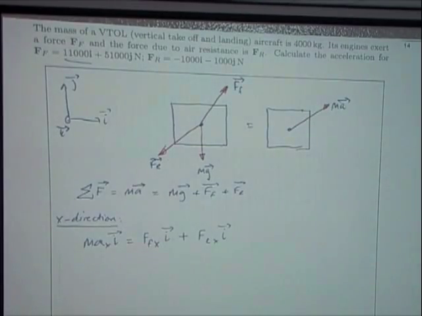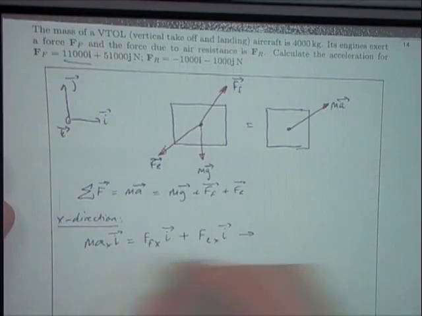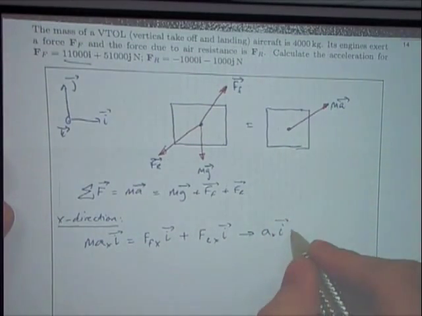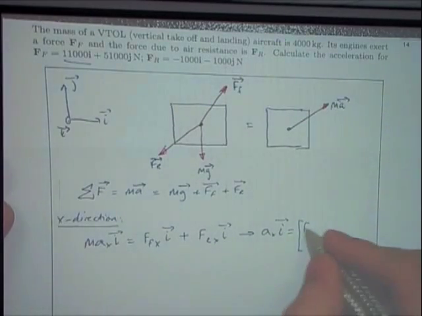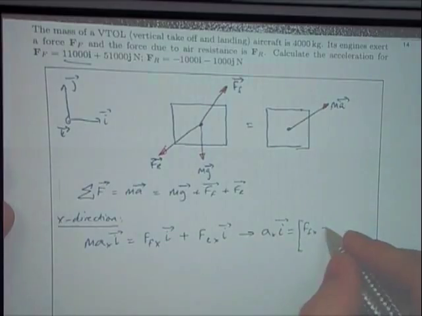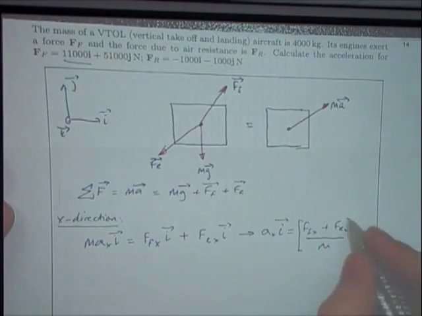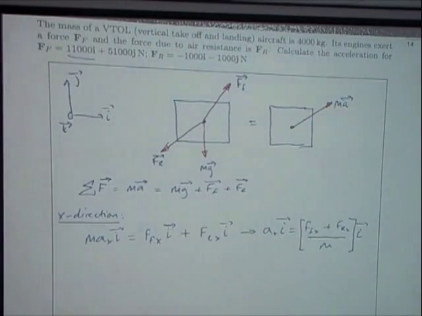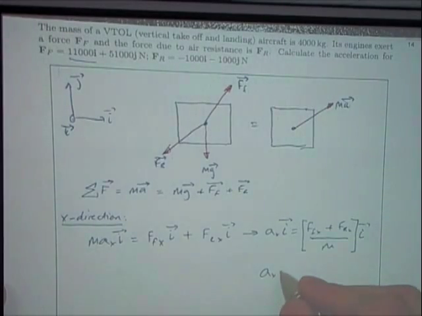And so what we can do is we can then rearrange this. If we divide both sides by m, we have ax in the I direction equals FF in the x direction plus FR in the x direction divided by m times the unit vector. And so we can then say that ax I equals, and then we plug in the numbers.